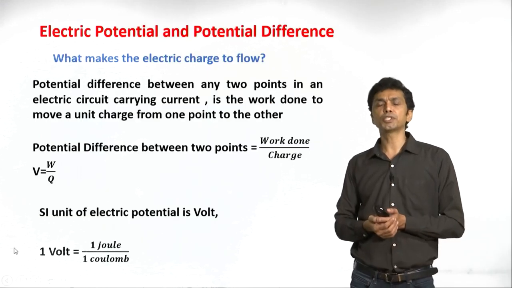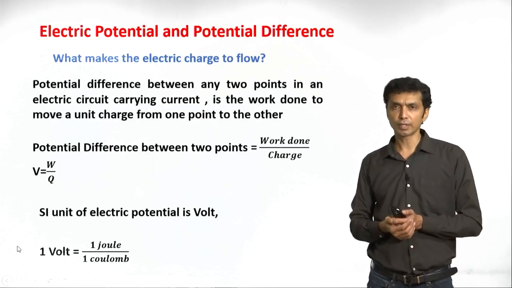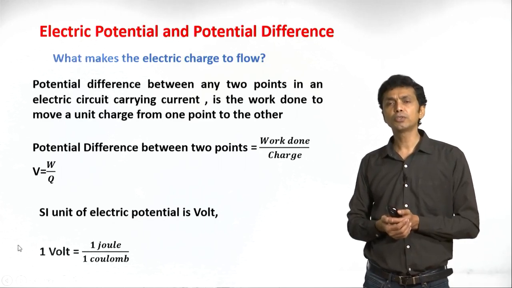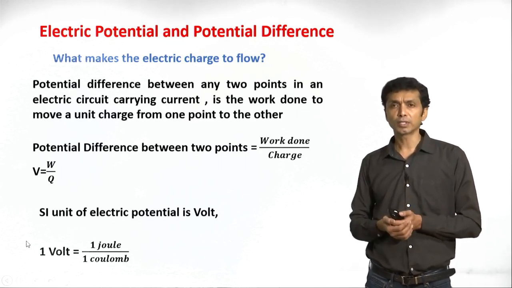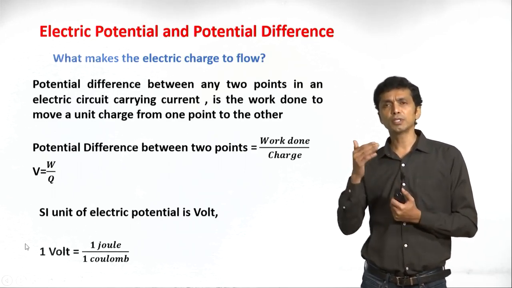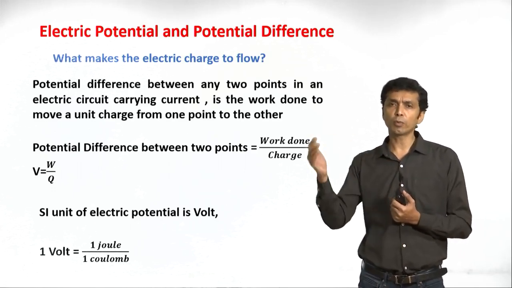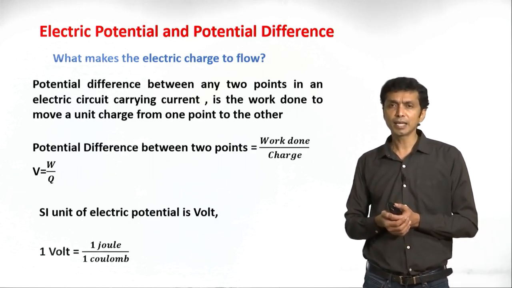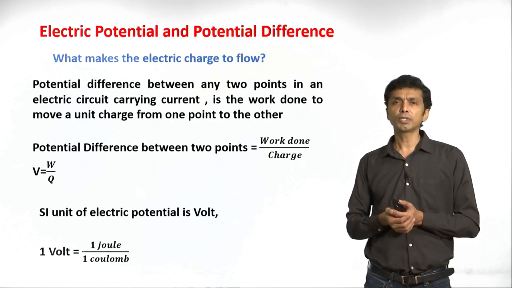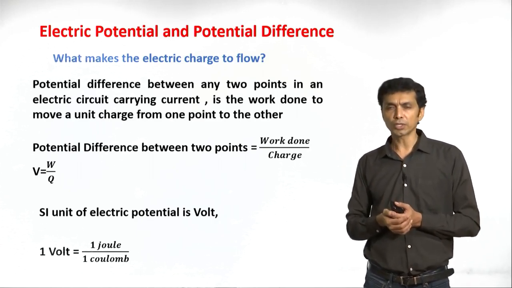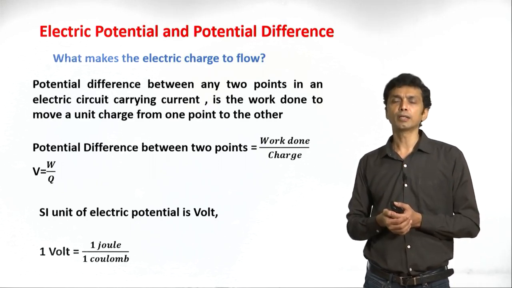Now, electric potential and potential difference. If we want to move any object, we need to do work on it. Unless an object is displaced from one point to another, we don't say work has been done. In the same way, here the objects that are moving are charges, and to move those charges, work has to be done.